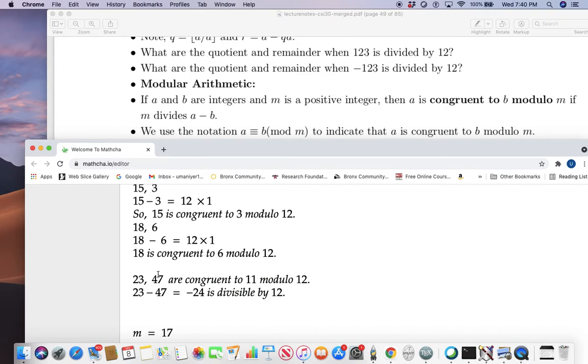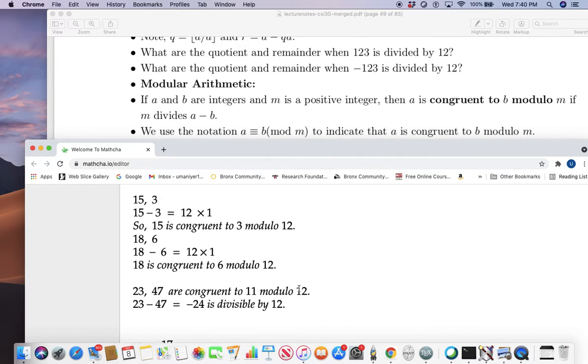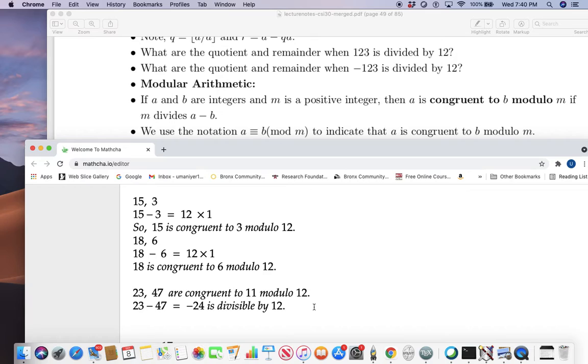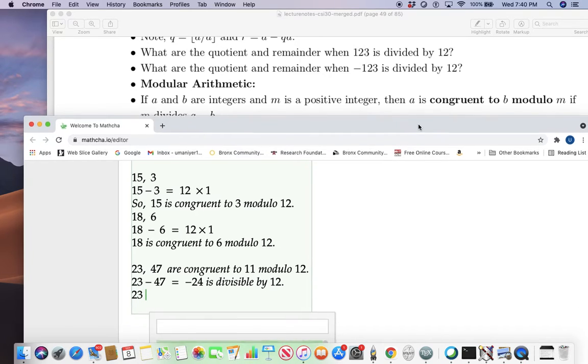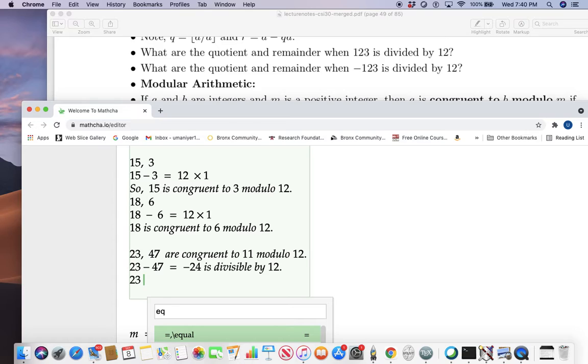Look at 23 and 47. 23 minus 47 is negative 24. Negative 24 is divisible by 12. So 23 minus 47 is divisible by 12, and you can say 23 is congruent to 47 modulo 12.